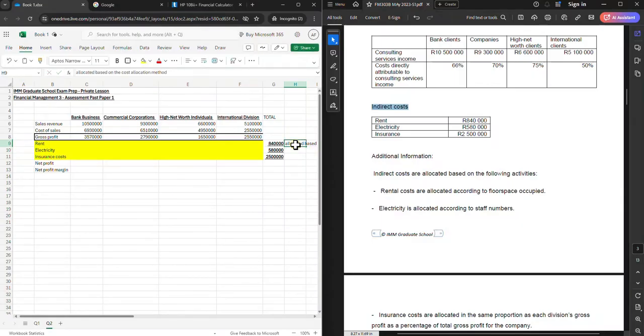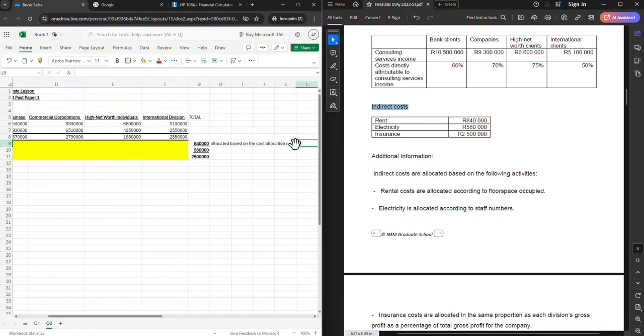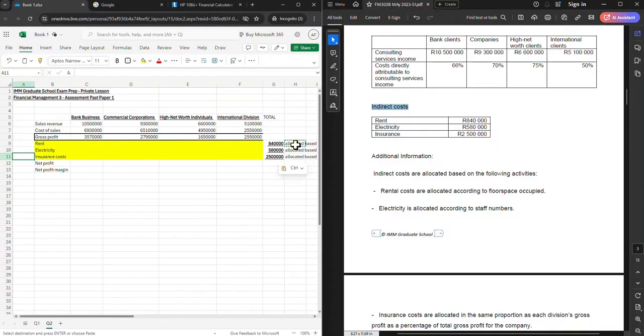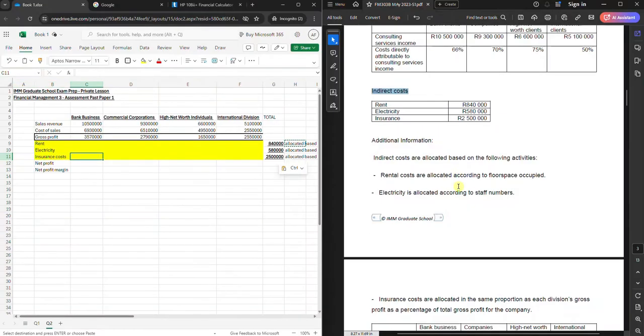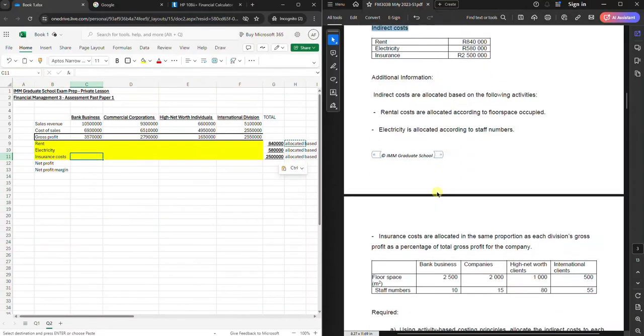Right, and obviously that needs to be given to you in the exam. Otherwise, you won't know what to do. Well, sometimes it gives it to you. Sometimes they actually make you try and guess it. Well, you can't guess the floor space or the staff numbers. That would be impossible. Agreed. Yeah, you would have to use what's given. So obviously rent, I'm not going to allocate according to staff numbers.